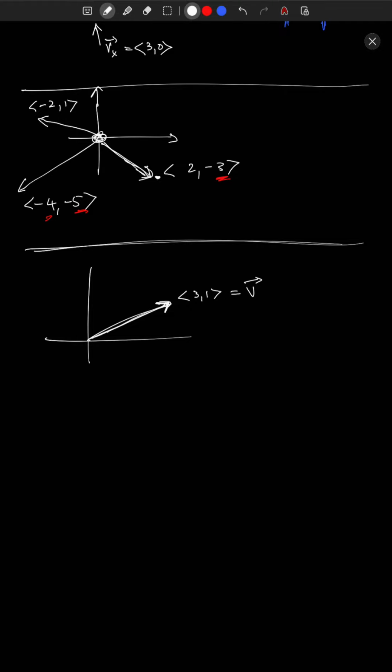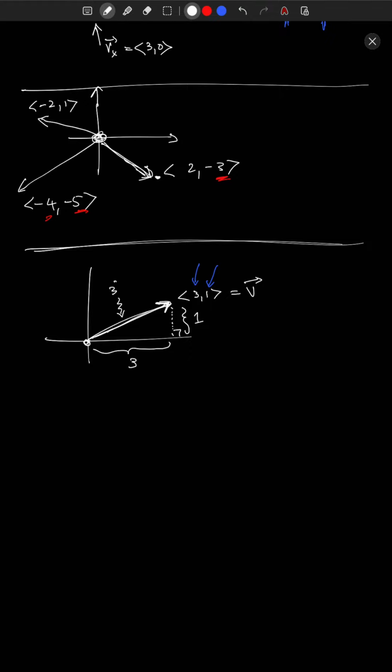So again, we draw the picture in standard position. And we notice that if I drop this perpendicular down, this length here is 3, and that height here is 1. Literally, that's the definition of that 3, comma 1 right there. And so what we have is a right triangle. So this hypotenuse, which is the length of my vector, I can figure it out.